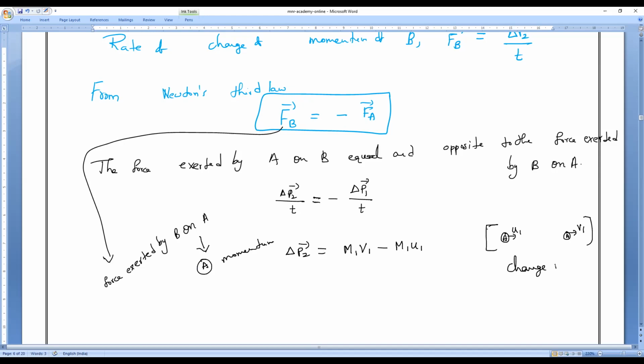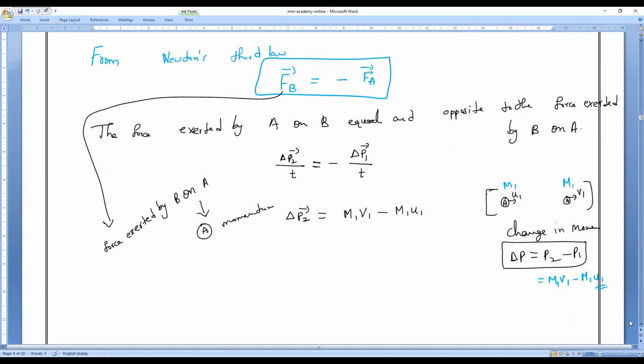We studied already: change in momentum, delta P, is equal to final momentum minus initial momentum. We studied before Newton's second law, everybody? So final momentum means mass times final velocity, M1 V1, minus M1 U1. Am I right or wrong? Yes, sir. That is what it is.